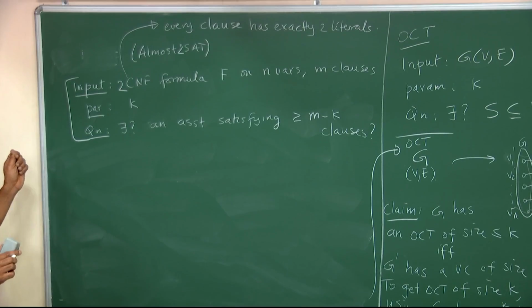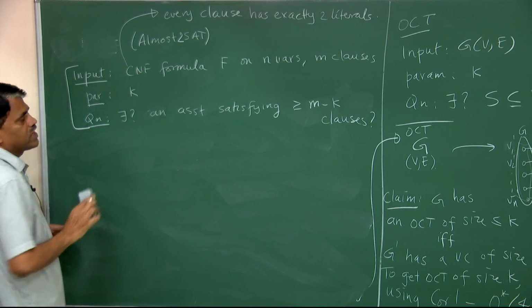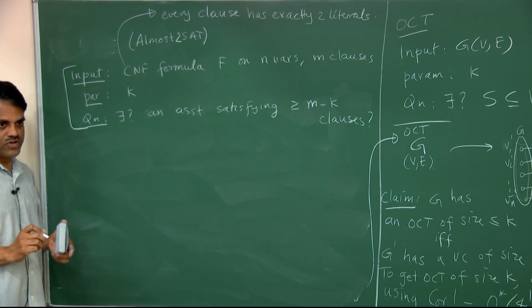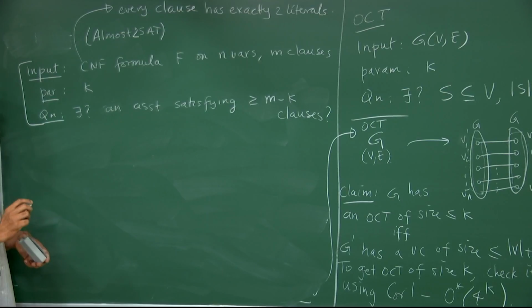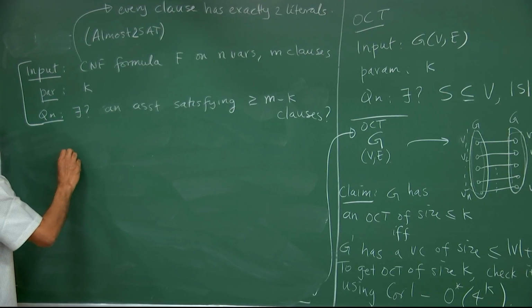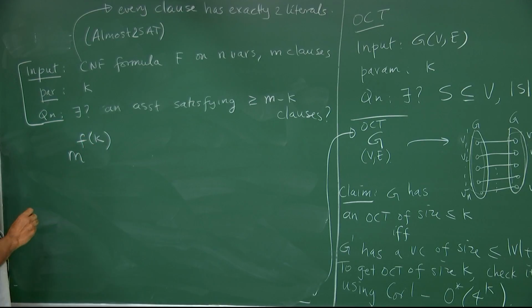Let us just go back one more time. I asked if it is not 2 CNF, is it even fixed parameter tractable, and we argued it cannot be.